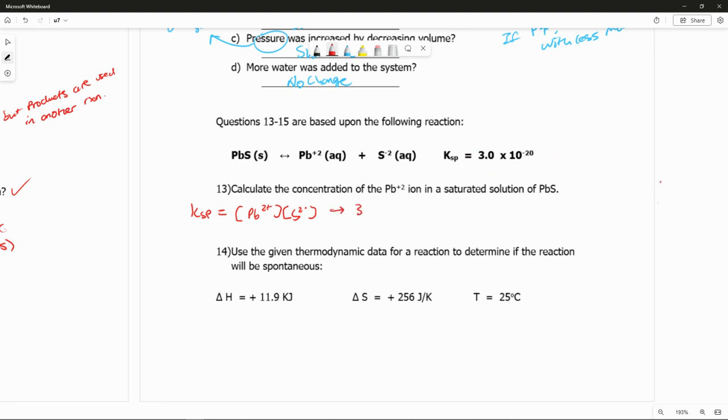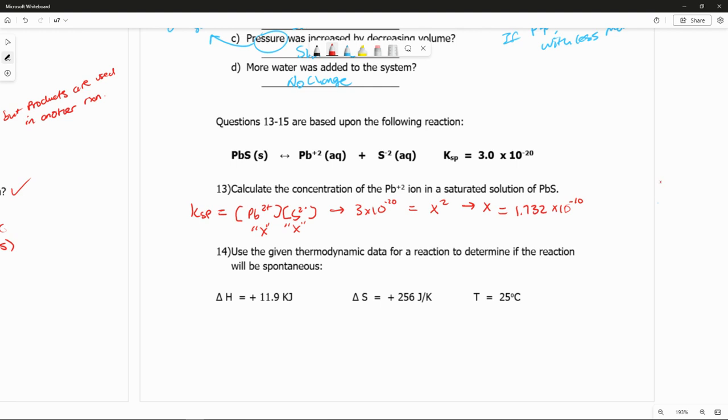We are given the numerical value for KSP. We can write 3 times 10 to the negative 20 equals, and if we see each one as x, we have x squared. Square root on both sides to cancel the square, and we have x equals 1.732 times 10 to the negative 10 as our x.